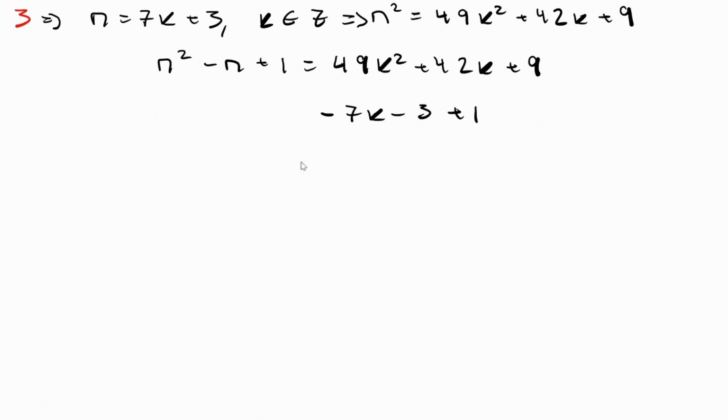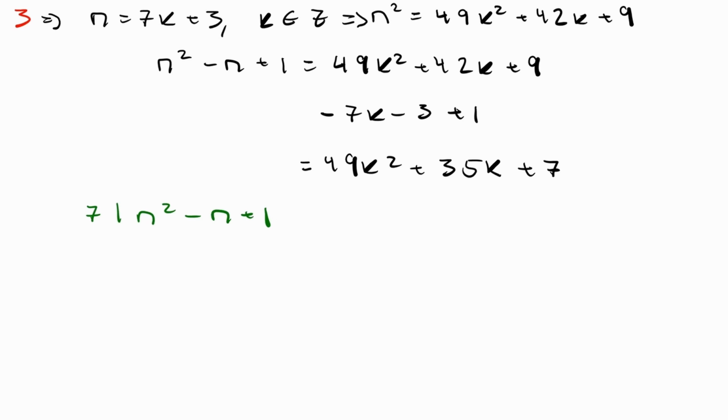And when we group this, we obtain 49k squared plus 35k plus 7 again. And as you see, 49 is 7 times 7, 35 is 5 times 7, and 7 is just 7. Again, every single term of this expression is divisible by 7, therefore the whole thing is divisible by 7. So we write it down.